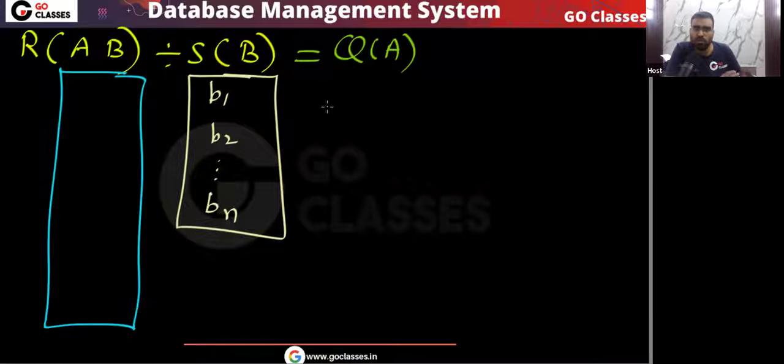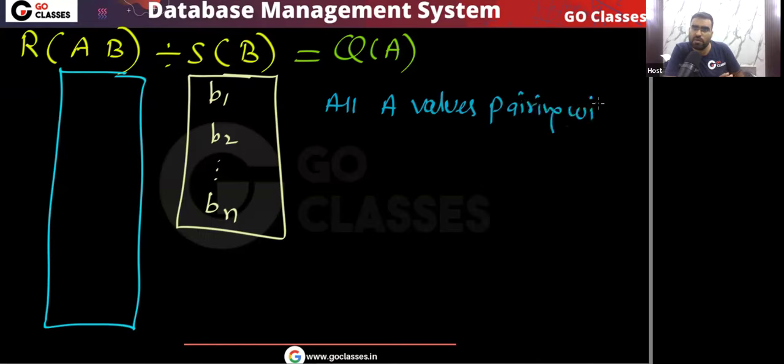So what I can do is this: I can find all A values pairing with B1. Then I can find all A values pairing with B2. Yes or no?